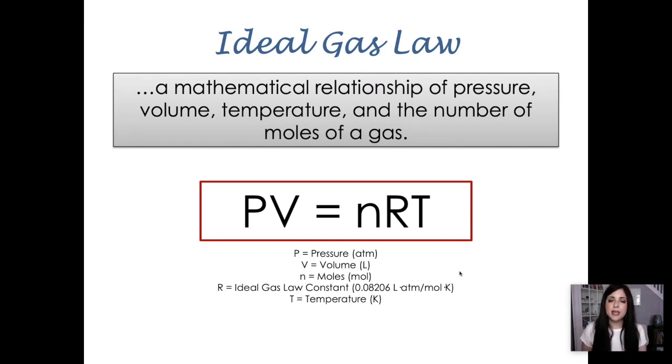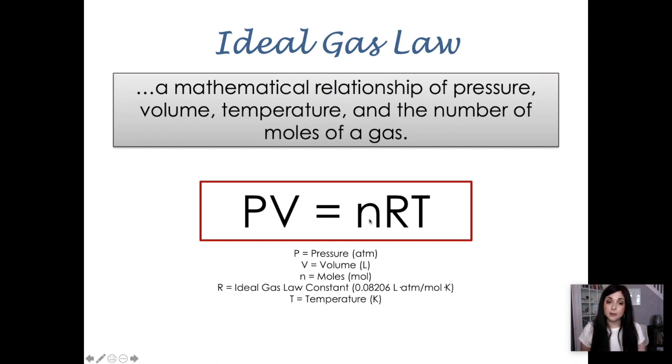So because we have atmospheres as the unit of pressure in R, we have to make sure that our P is also in units of atmospheres. Volume must also have a particular unit, and the volume must be in liters again, because R has this specific unit of liters in there.